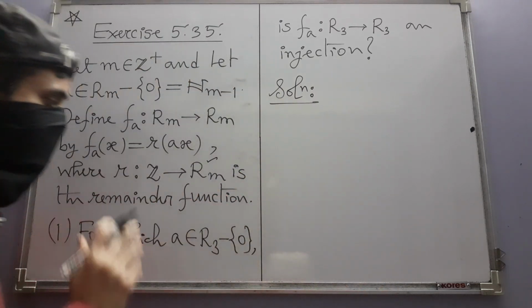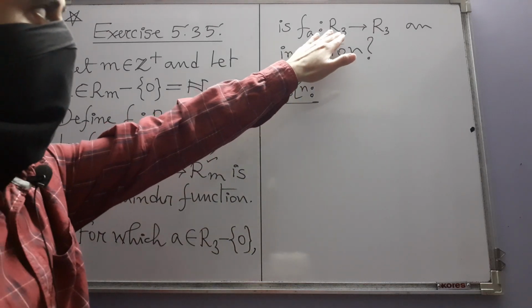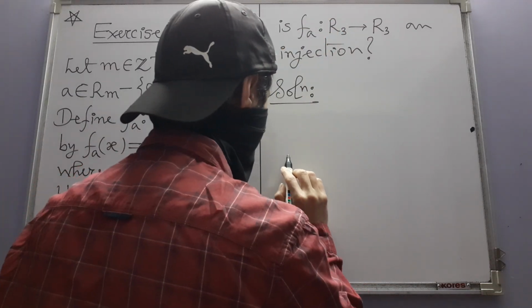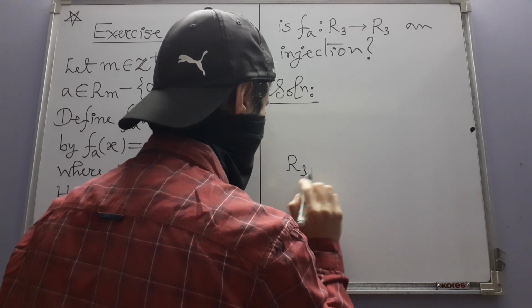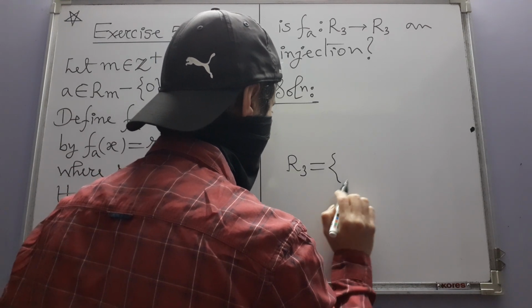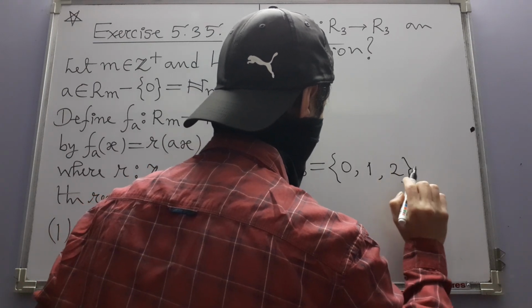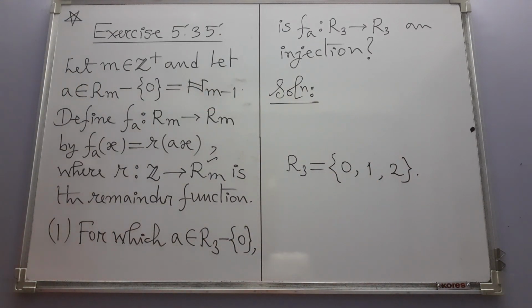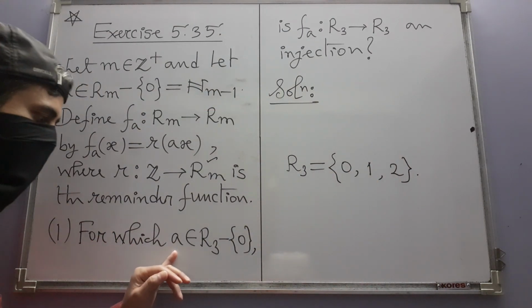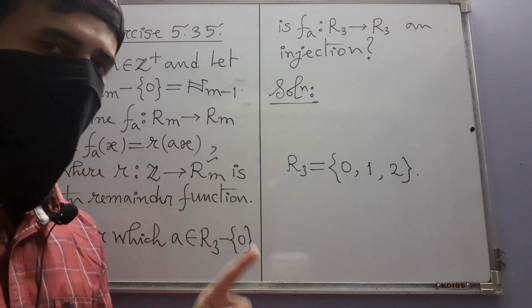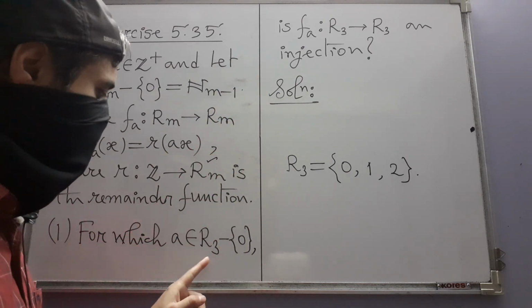Okay, so first of all, you have to write what R3 is. R3, of course, consists of 0, 1 and 2. And we are being asked which a from R3 makes that function fa an injective function.